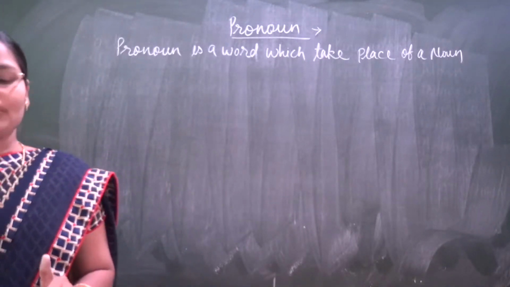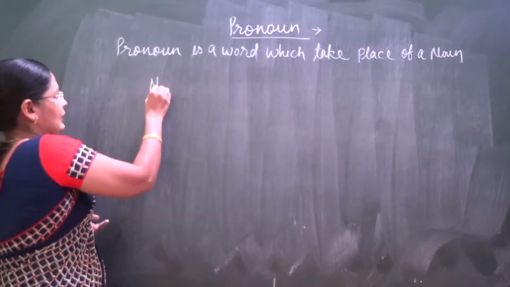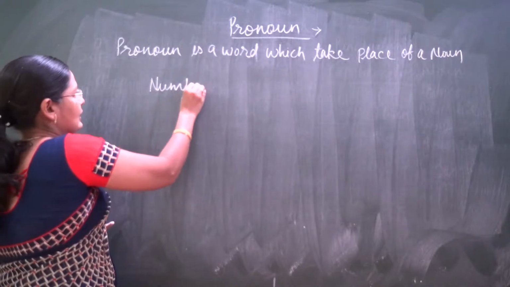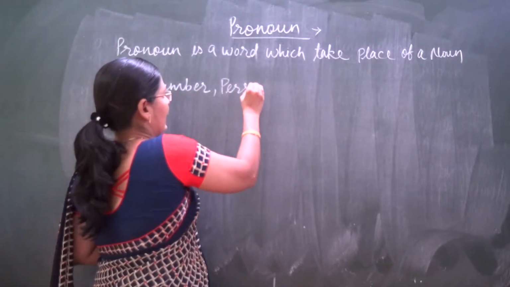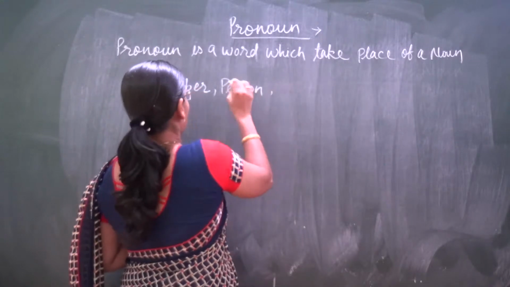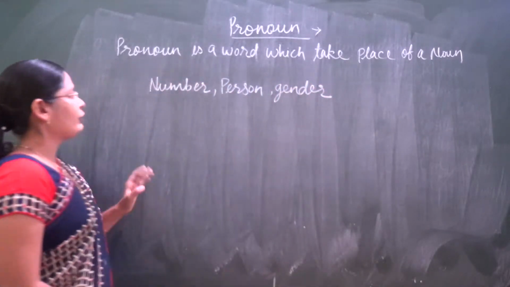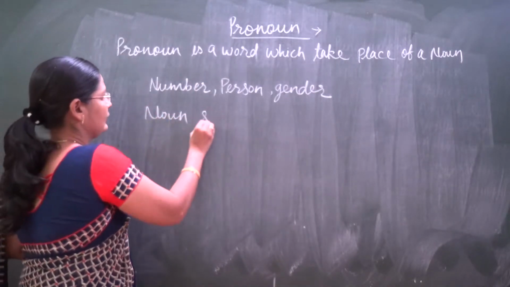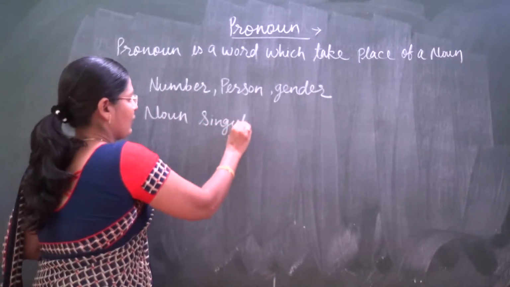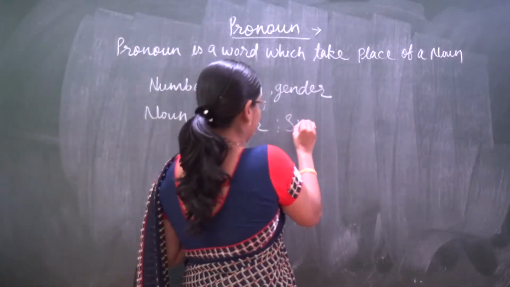In the pronoun, you must remember one thing, that a pronoun should agree with the noun in number, person, and gender. If the noun is singular, you should use a singular pronoun.